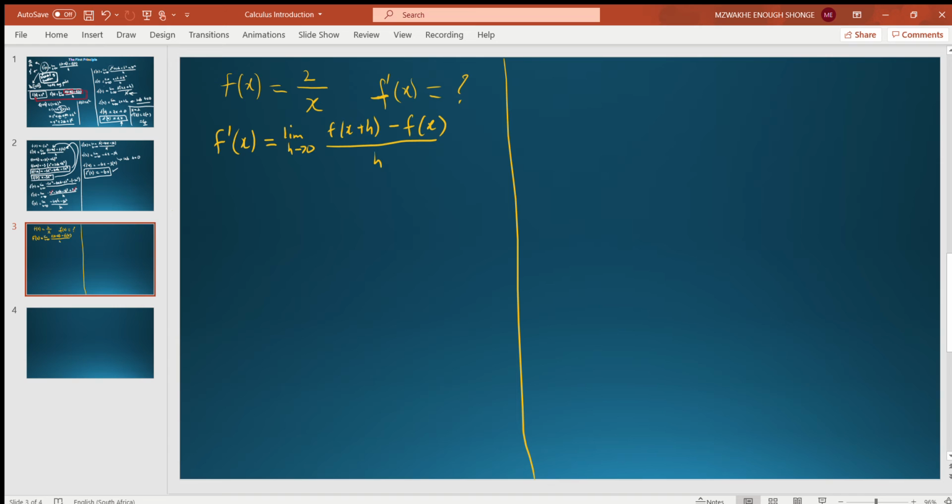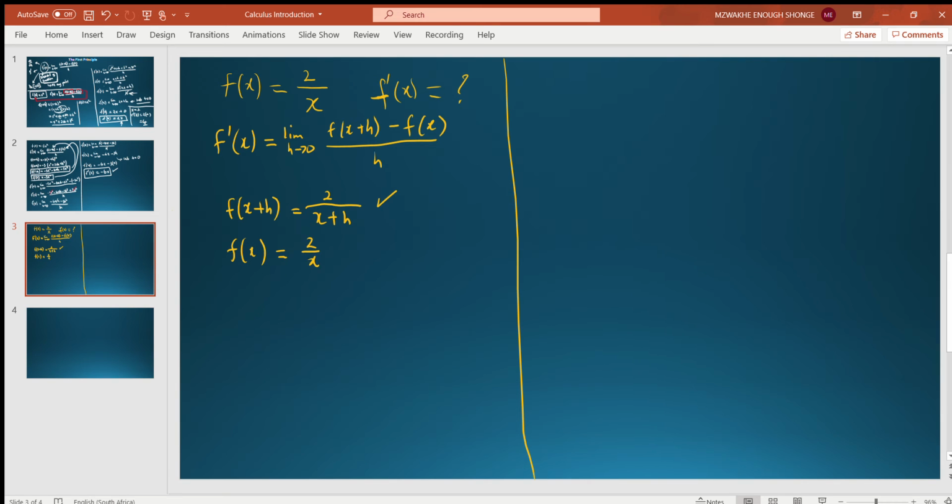We find f of x plus h first, which equals 2 over x plus h. Remember, wherever you find x, you substitute with x plus h. Then f of x is obviously 2 over x.